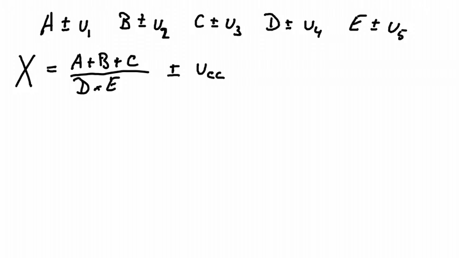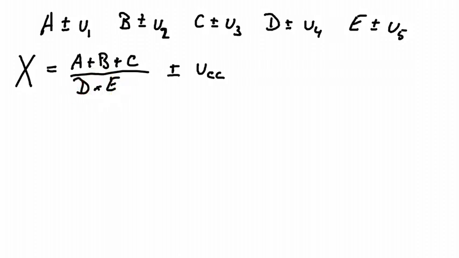So we recognize that in fact what we are doing is we are looking at a division. So in the numerator we have a sum, and in the denominator we have a multiplication.